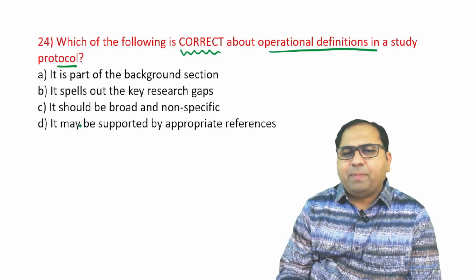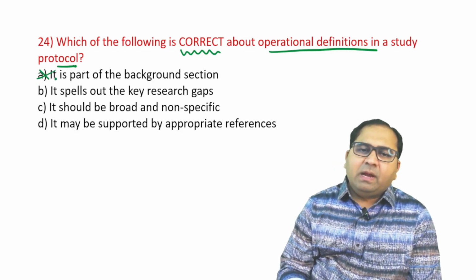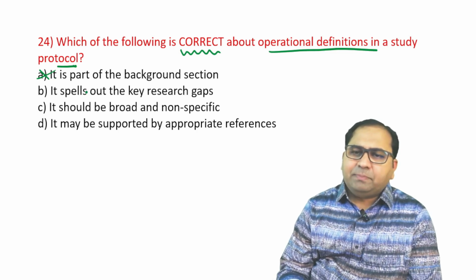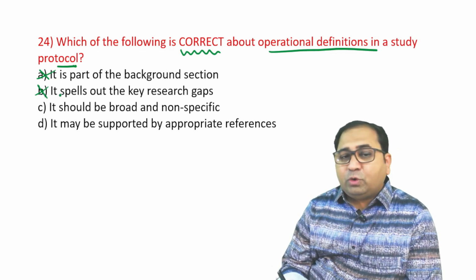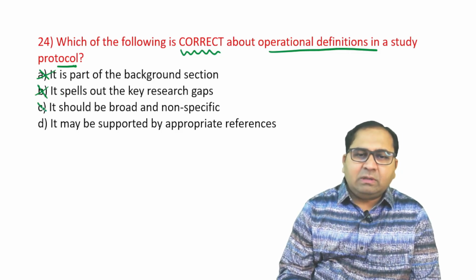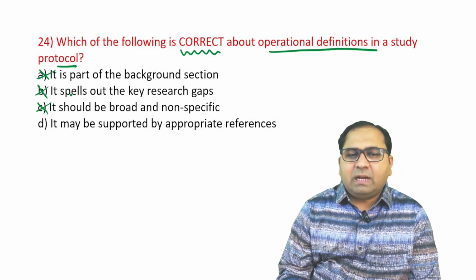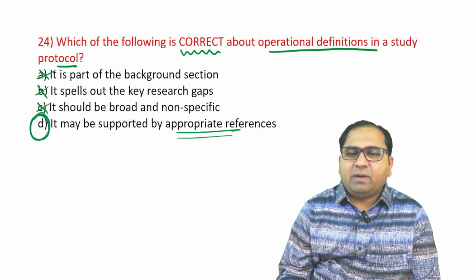That it is a part of the background section? Operational definitions? No, definitely not. It spells out the key research gaps? No, definitely not. Then it should be broad and non-specific? No, even this is not the answer. So what is correct? The fourth option is correct, that it may be supported by appropriate references. So this is the right answer for this question.